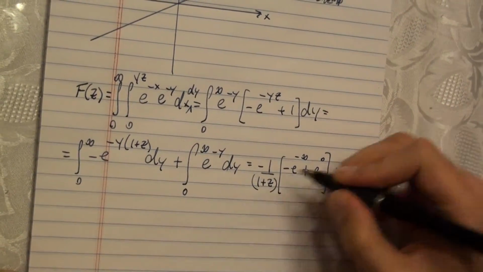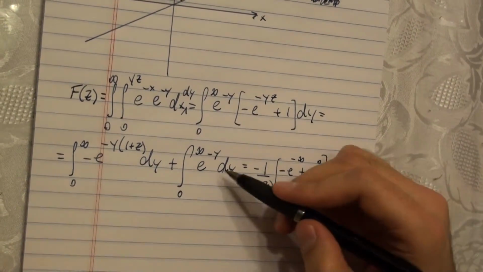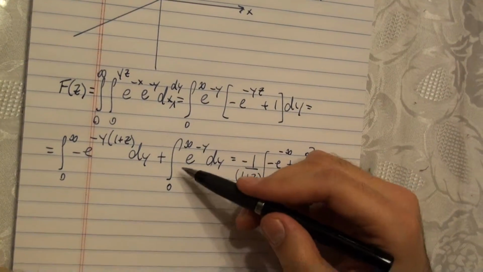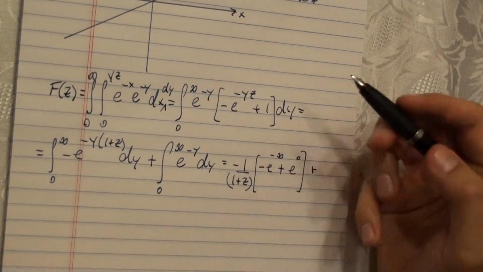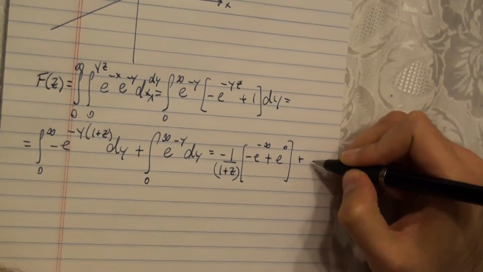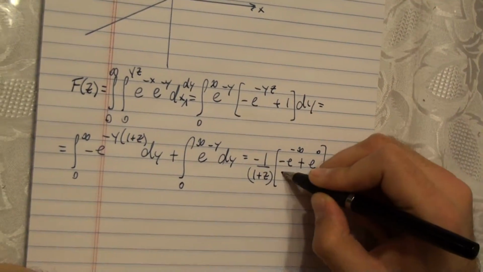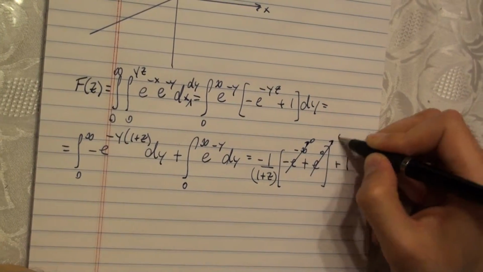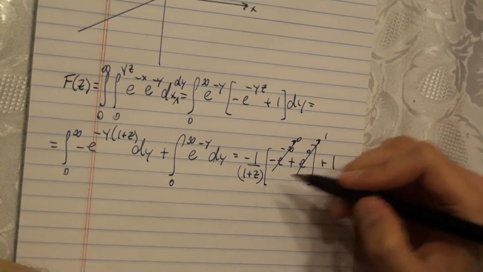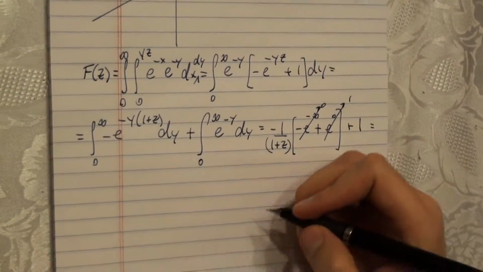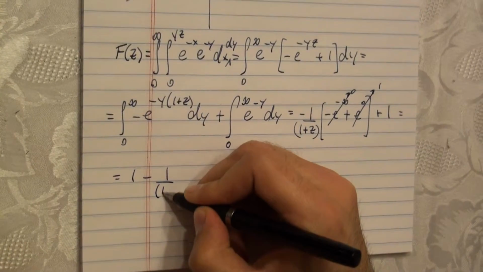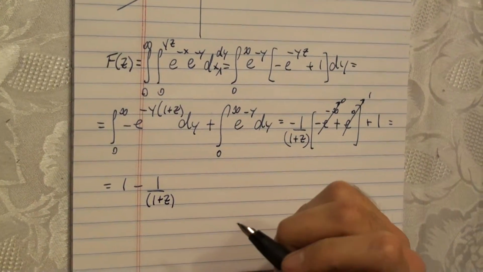So plus this guy becomes 1 because we know minus e to the minus infinity is 0, and minus e to the 0, we have 2 minuses, which becomes a plus. So here we get a 1. So this goes to 0, and this goes to 1. So we're left with 1 minus this. So this becomes 1 minus 1 over 1 plus z.